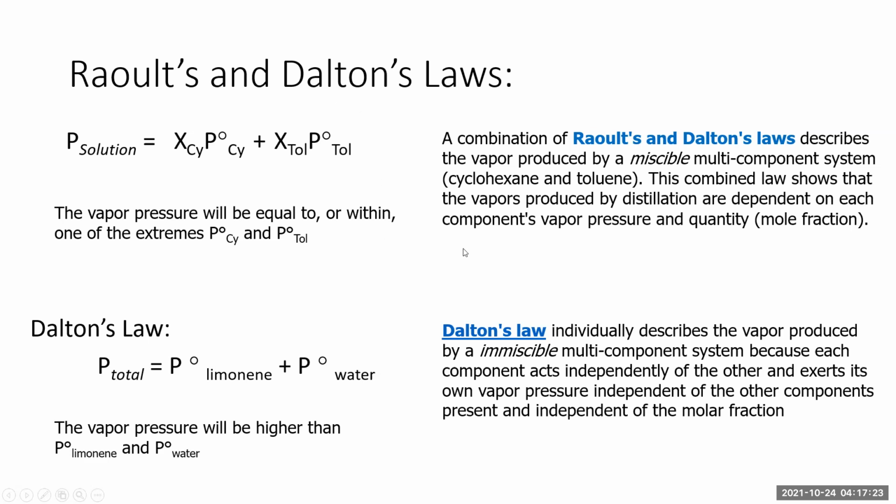So what this really shows us is that the vapor pressures produced by distillation of a mixture of these two components are going to be dependent on each component's vapor pressure and their quantity, also known as the mole fraction. And so what we'll see here is that the total vapor pressure of the solution will be within the extremes of the pure vapor pressure of cyclohexane and the vapor pressure of pure toluene.